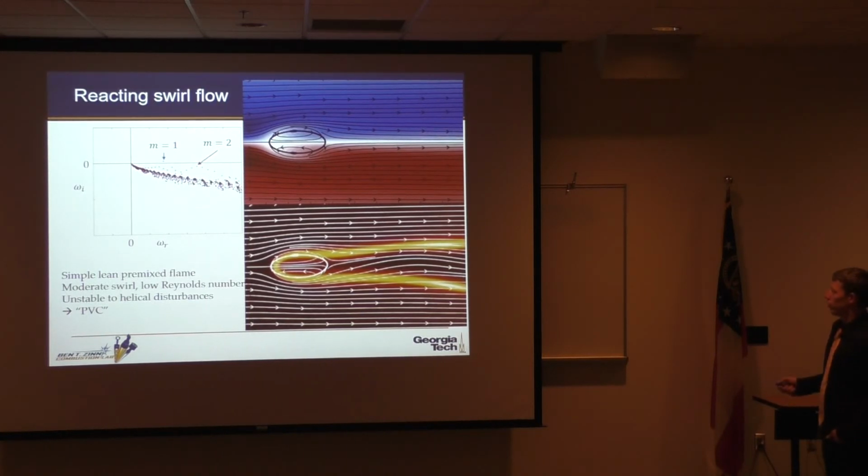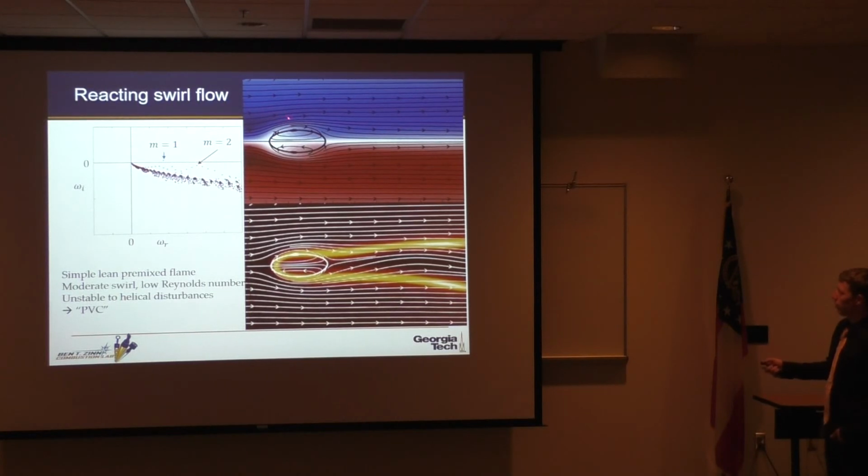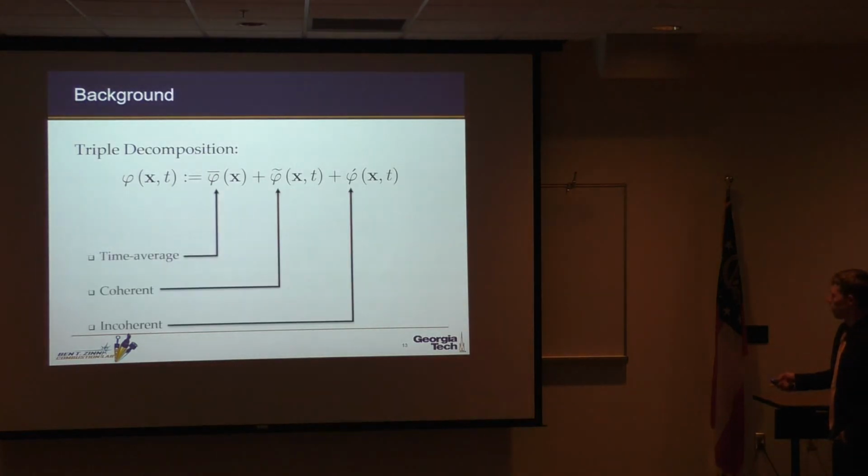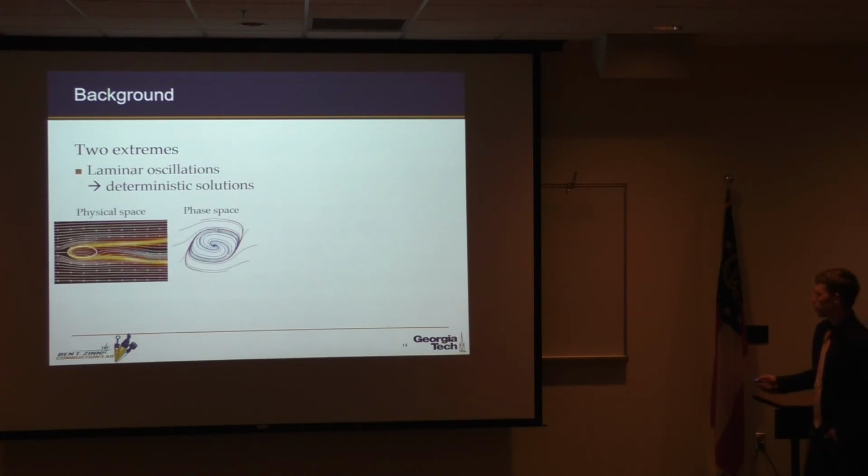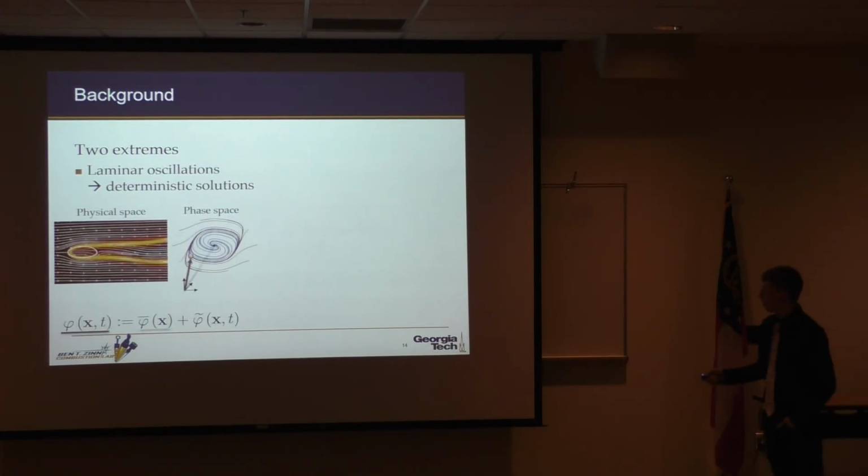Basically, if you took these streamlines and subtracted these streamlines, you would get the helical oscillation. This part of the solution describes our helical modes, and this solution here is just an axisymmetric steady vortex breakdown feature.